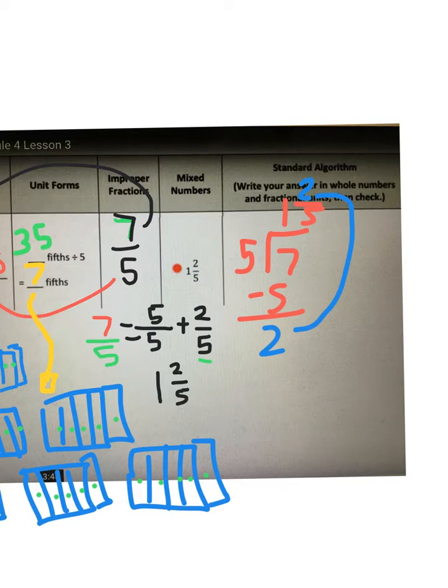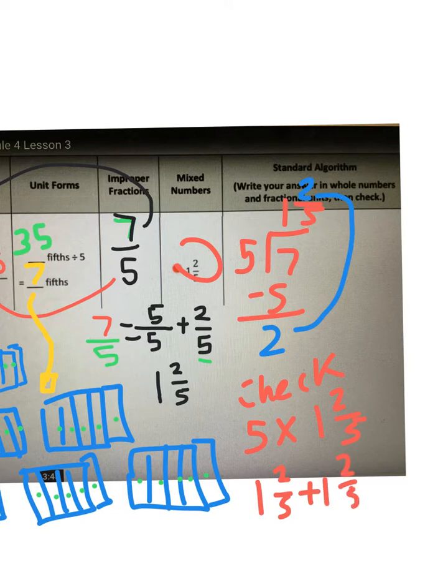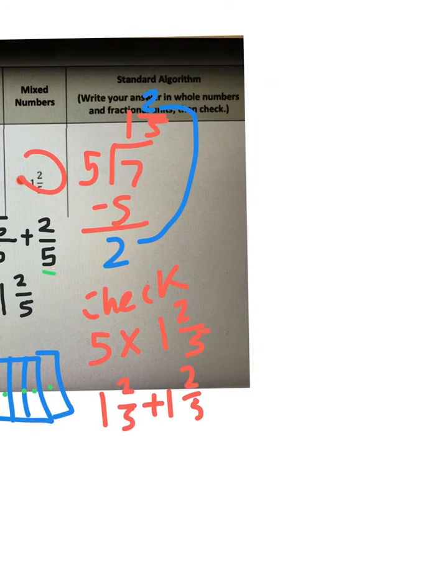In order for us to further check it, we put 5 times 1 2/5. So we're going to do this times 5, and we're going to go 1 plus 2/5 plus 1 plus 2/5, 1 plus 2/5, and we're going to do that 5 times, because we don't know how to multiply fractions yet, but we'll learn.